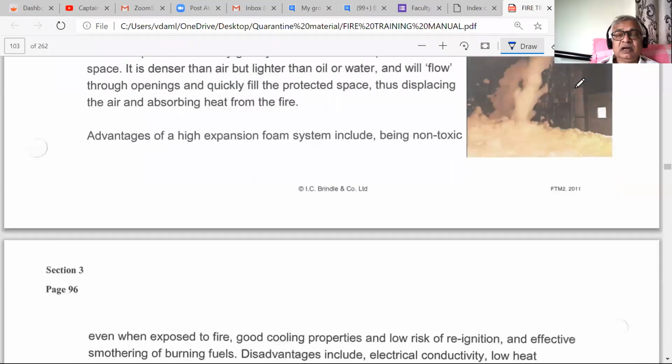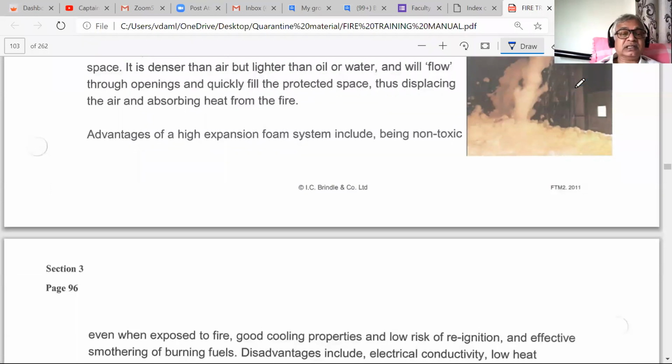Now, if it is a ducting system and I want to put foam in this room, I need to release the trapped air here. So the ventilation must be open so that the foam fills up first, then I close the ventilation. I have to allow the inside air to escape.